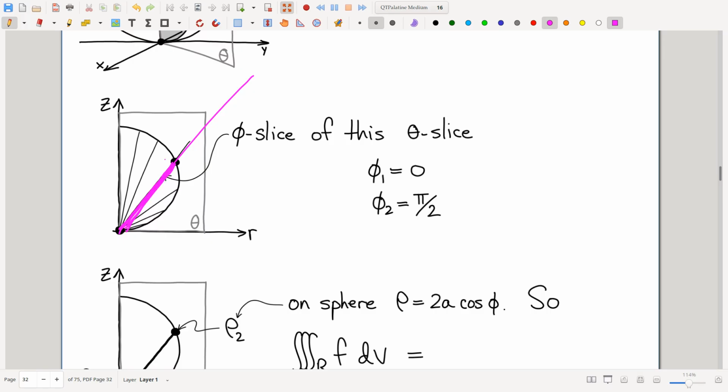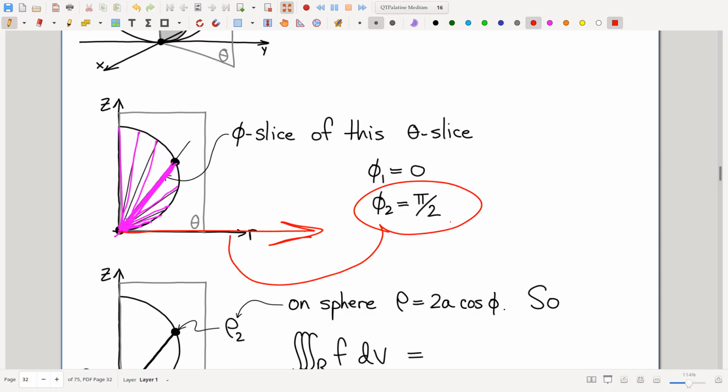And the first, well, I think you can see 0 is going to be our first phi slice. And then from there, phi will increase, and phi keeps getting bigger and bigger, and these slices get smaller and smaller until the very last one is when I get to the horizontal.